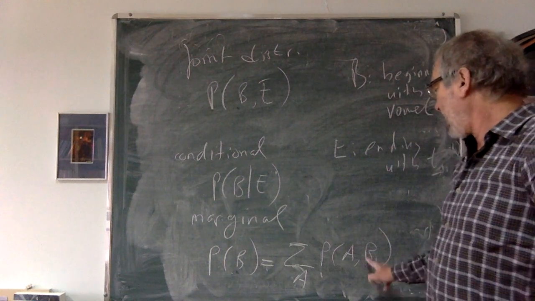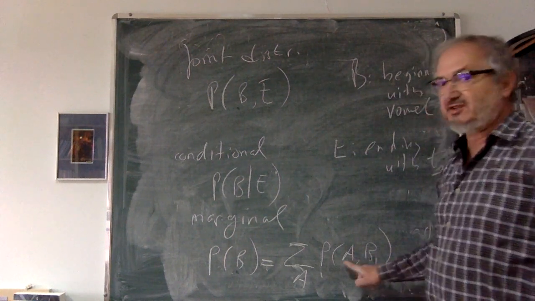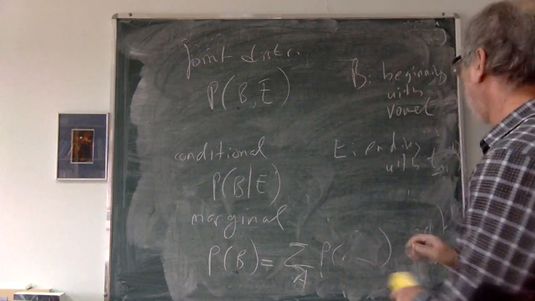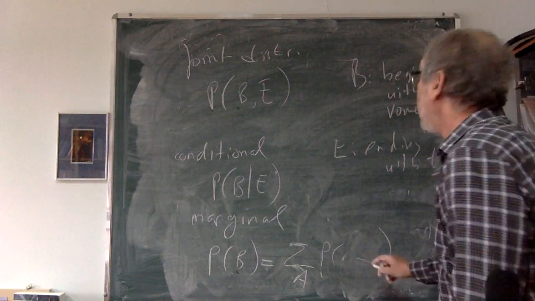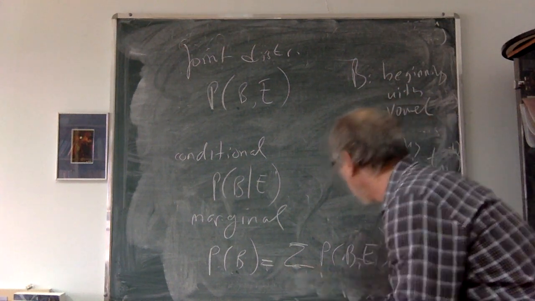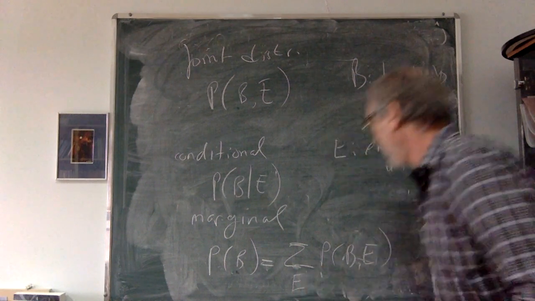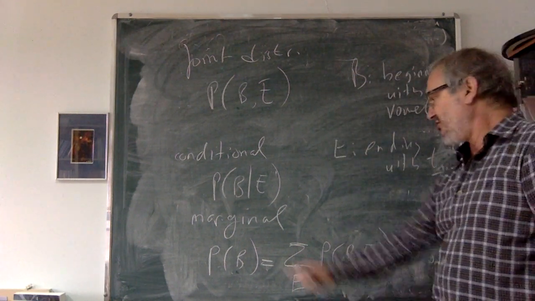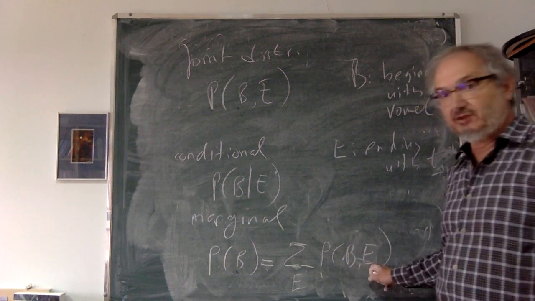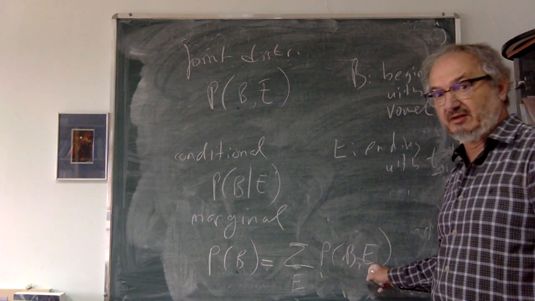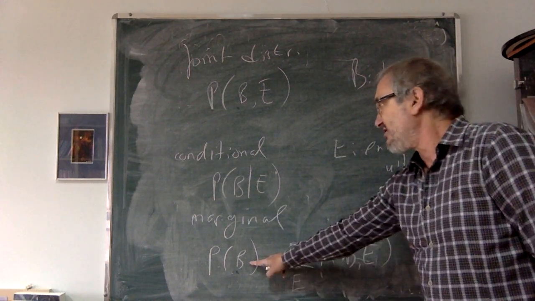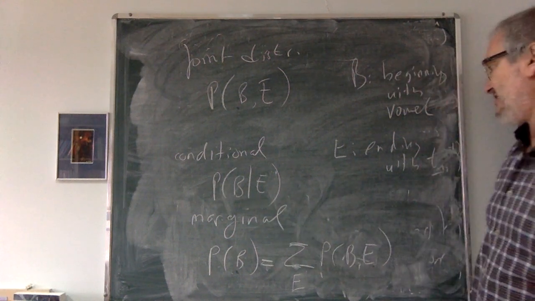You can say, well, take the joint distribution. You were interested in multiple events. You just use the same notation. Probability of beginning with a vowel, but under the influence of a joint distribution of beginning with a vowel and ending with T. They're different in that sense.